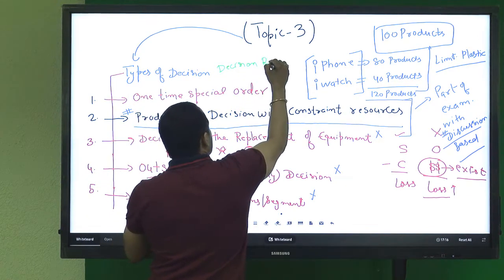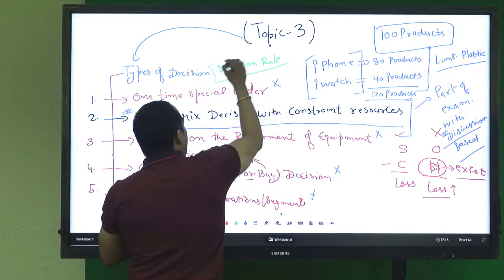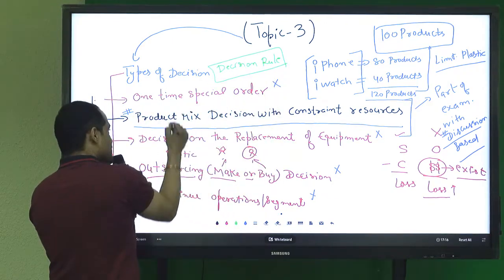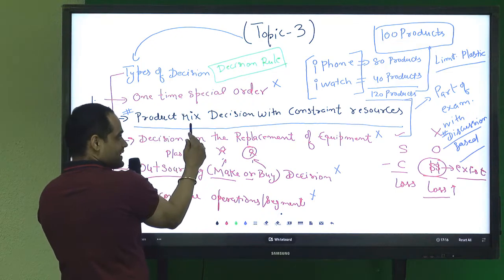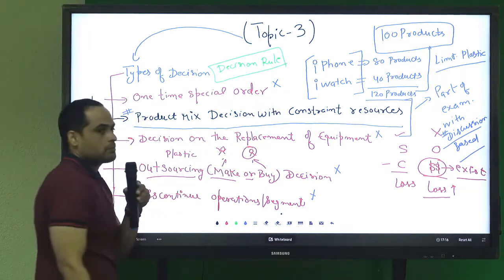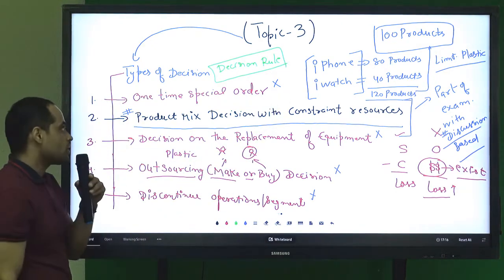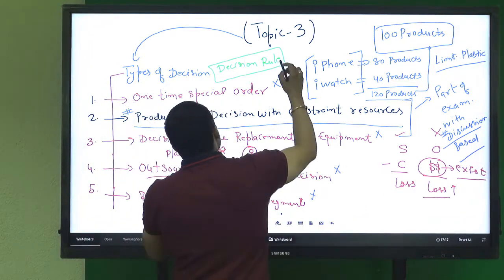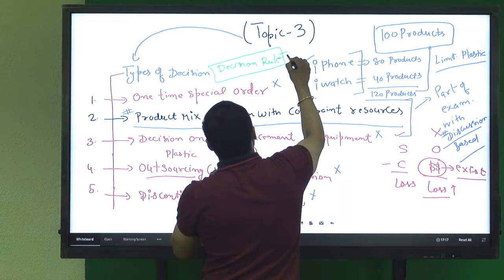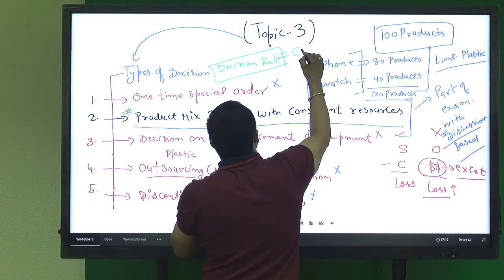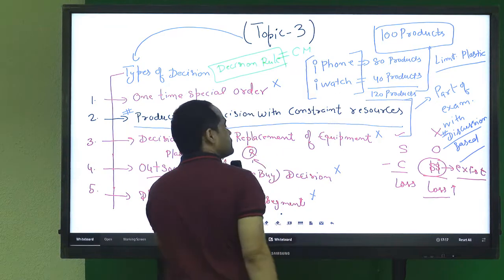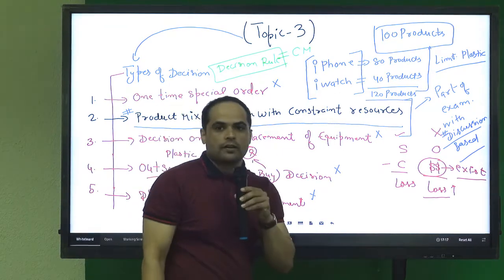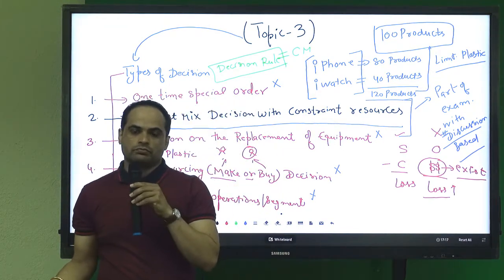Decision rule. How are we gonna make a decision in a situation when we have a product mix with constraint resources, multiple products with limited resources? Decision will be based upon contribution margin for limiting factors.